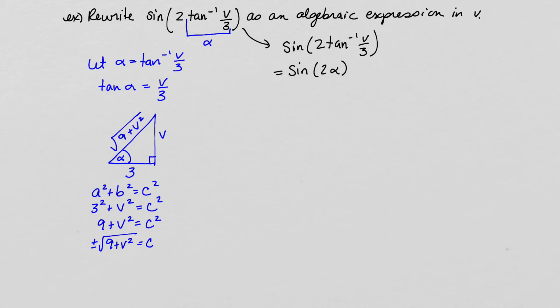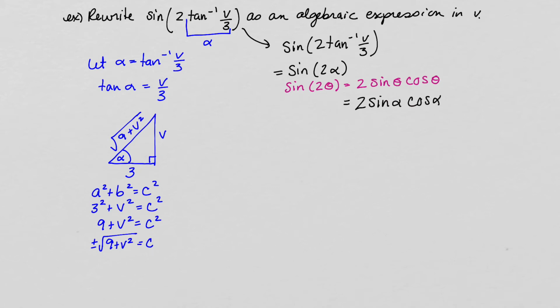So if I go to my identity sheet, there's not a sine of 2 alpha, but there is one that is the sine of 2 theta. And the sine of 2 theta is 2 sine theta cosine theta. So what that means is basically instead of thetas, I have alphas. So our problem is going to turn into 2 sine alpha cosine alpha.